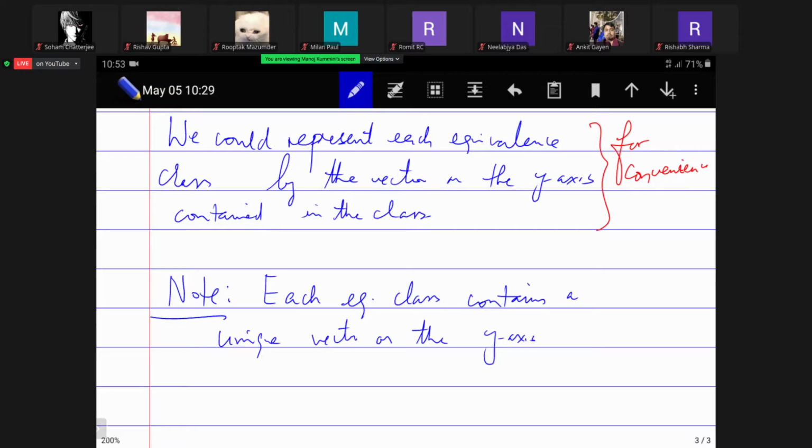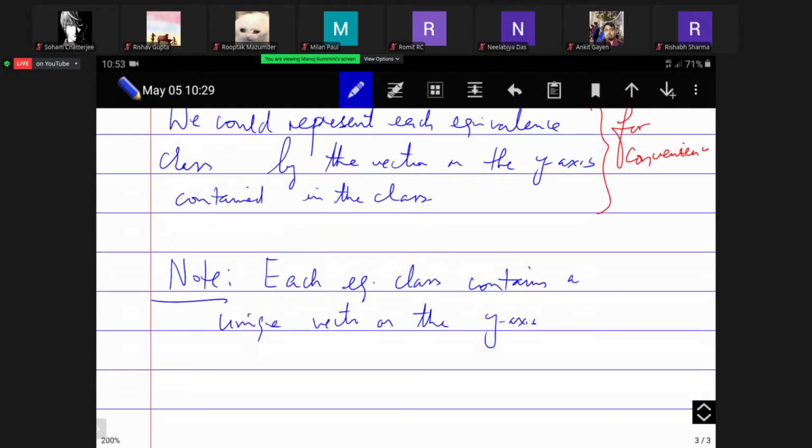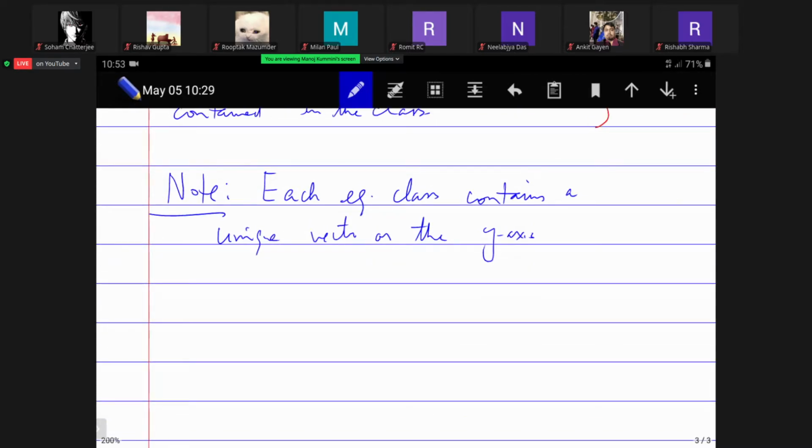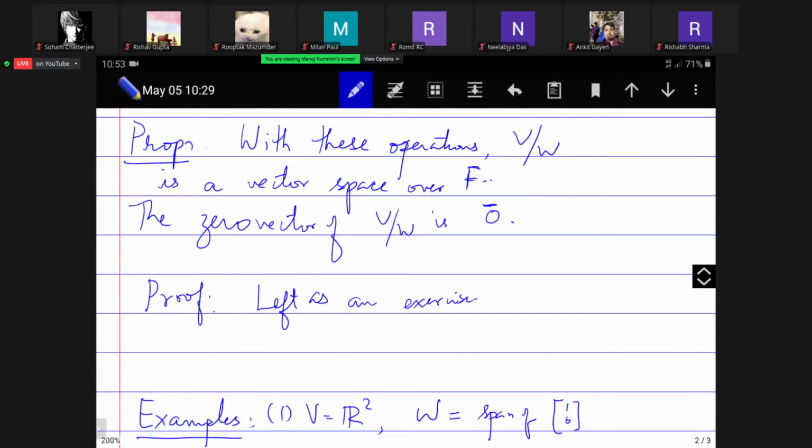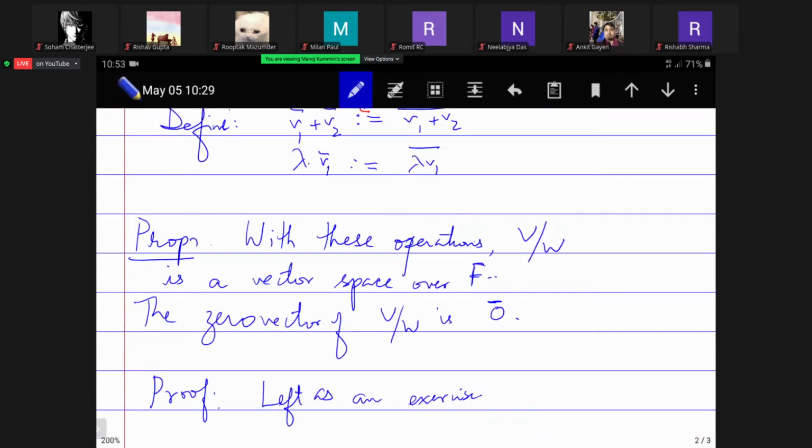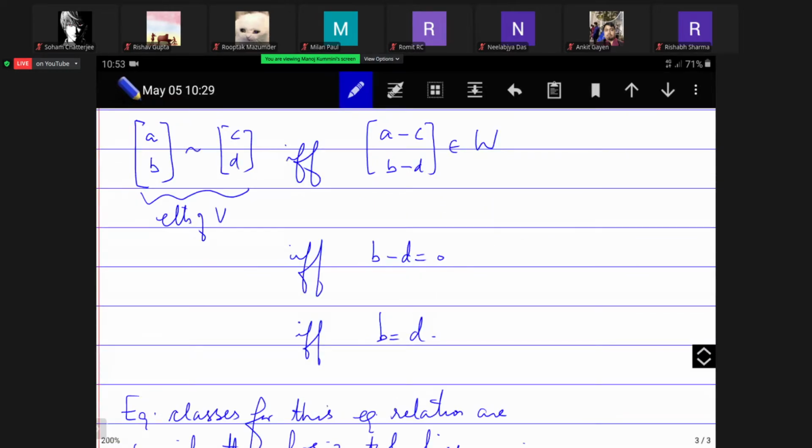That might simplify some actual calculations, but not anything conceptually. But I just want to clarify one point, so I'll clarify it afterwards. We'll come back to this proposition and revisit some abstract property. So this is one example.